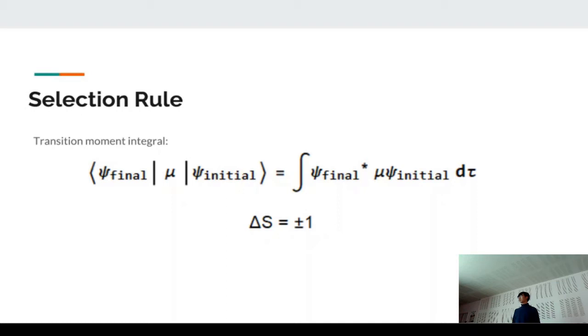So we introduce something fairly short, the transition momentum integral. This is called the transition operator. It acts on the initial state and maps it onto the final state. A transition is allowed if the integral does not equal 0. In our case, for the ruby crystal, we found that if delta S is plus or minus 1, then the transition is allowed.